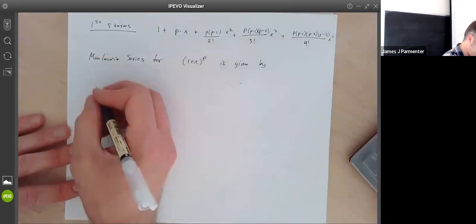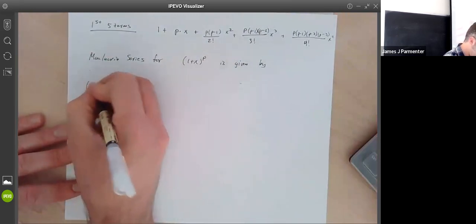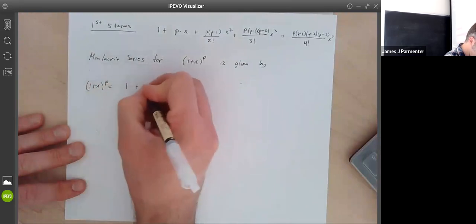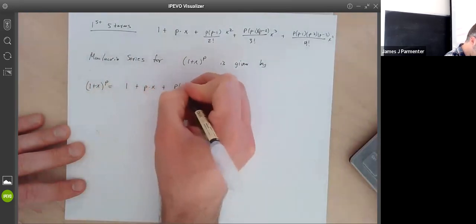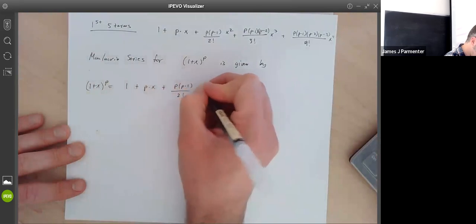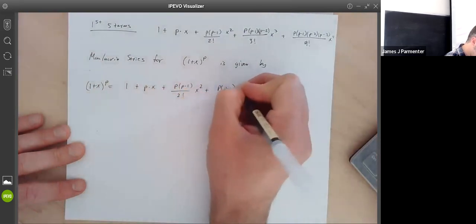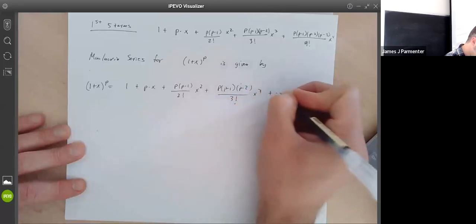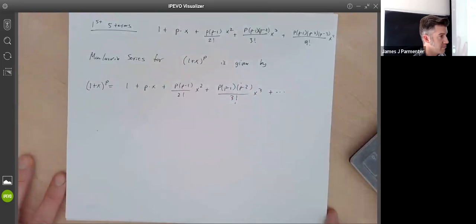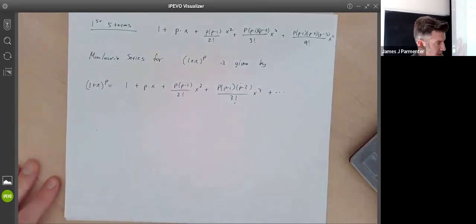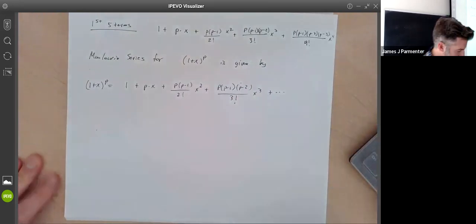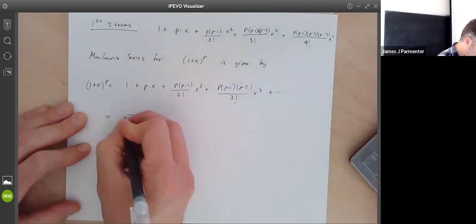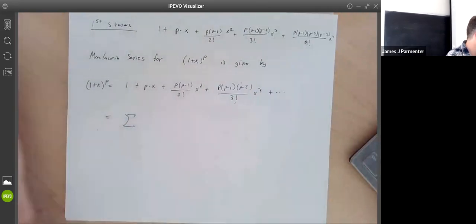I'm just going to write dot, dot, dots at the end. (1 plus x) to the p is equal to 1 plus p times x plus p times p minus 1 over 2 factorial times x squared plus dot, dot, dot. There is a way you can write this. It's kind of annoying, but you can write it as the sum. Actually, let me make sure.